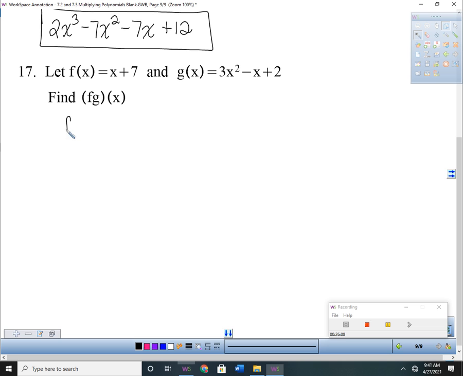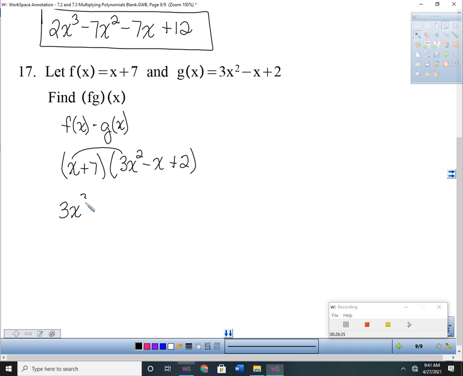So on the last one, again, this is f of x times g of x. So I'm going to take f, which is x plus 7, and make sure that I put that in parentheses, times g of x, which is 3x squared minus x plus 2. And I multiply them. So x times 3x squared is 3x to the third.